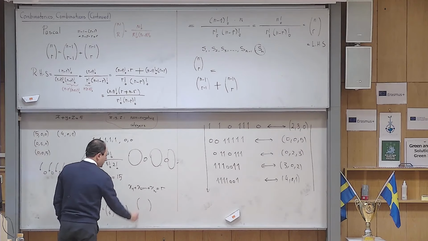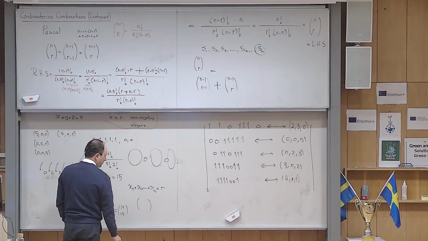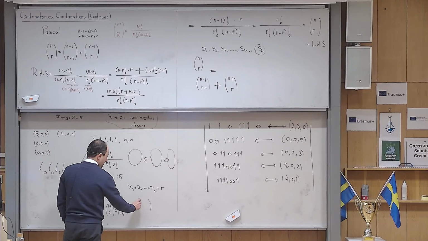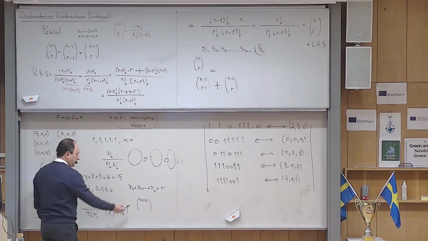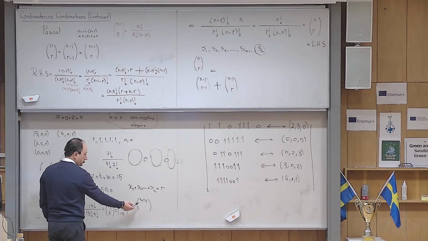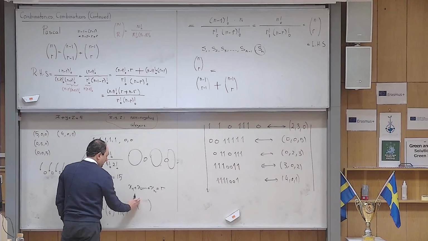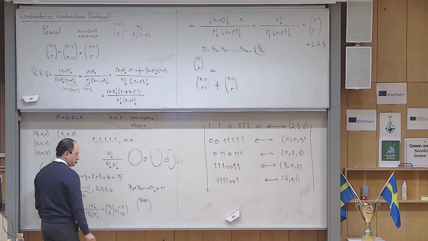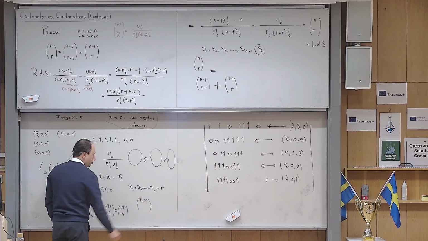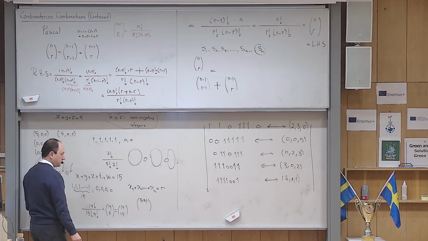So what can I write here? r plus n minus 1, or n plus r minus 1. r is the number of ones, and n minus 1 is the number of zeros. So in total, I will have r plus n minus 1 objects.